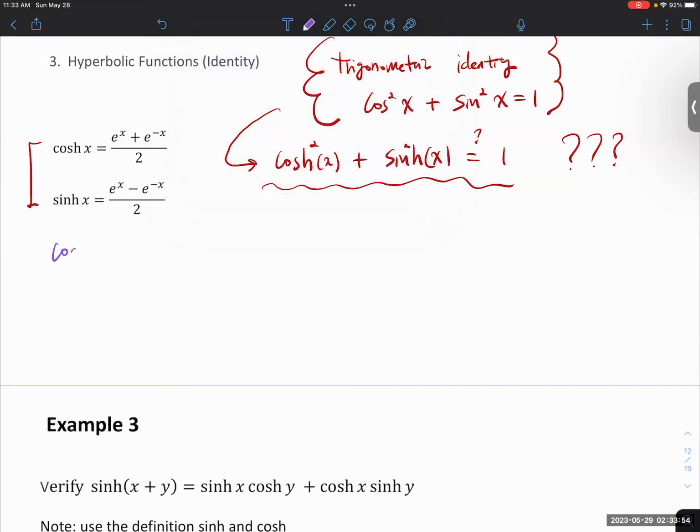First, let's find out cosh x to the second power. So we know cosh x is e to the x plus e to the negative x over 2.